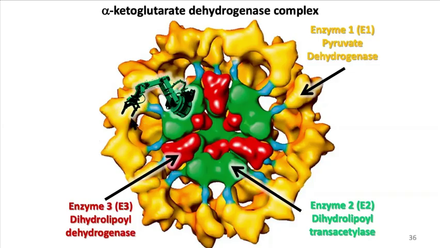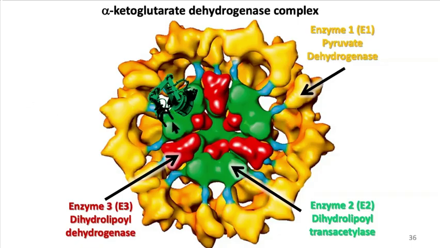And I like to represent the dihydrolipoic acid with these 2 fingers being the 2 sulfhydryls. So first, pyruvate dehydrogenase grabs the pyruvate, takes its acetyl group, and passes it to complex 2, enzyme 2, which then brings that acetyl group over to itself to catalyze the transfer of the acetyl group to coenzyme A. And that's how the acetyl group gets on coenzyme A.